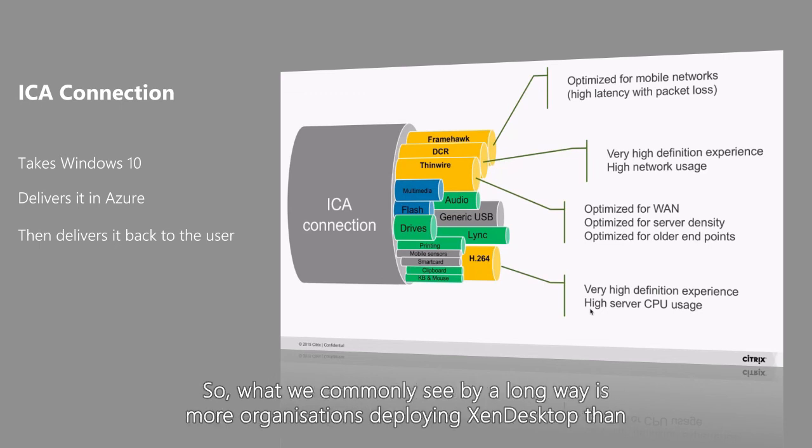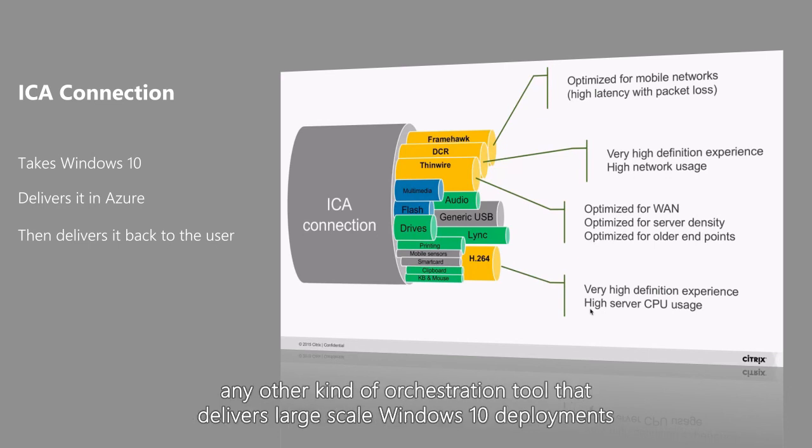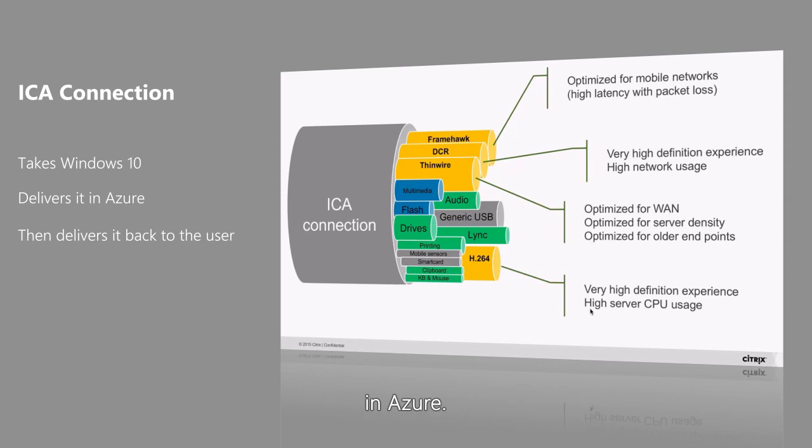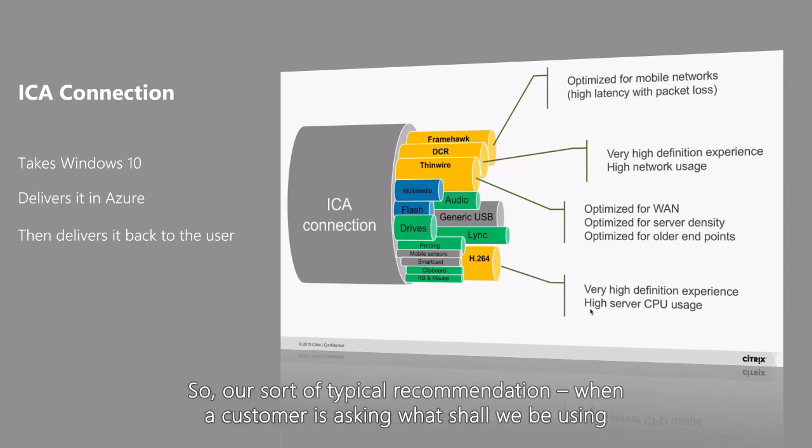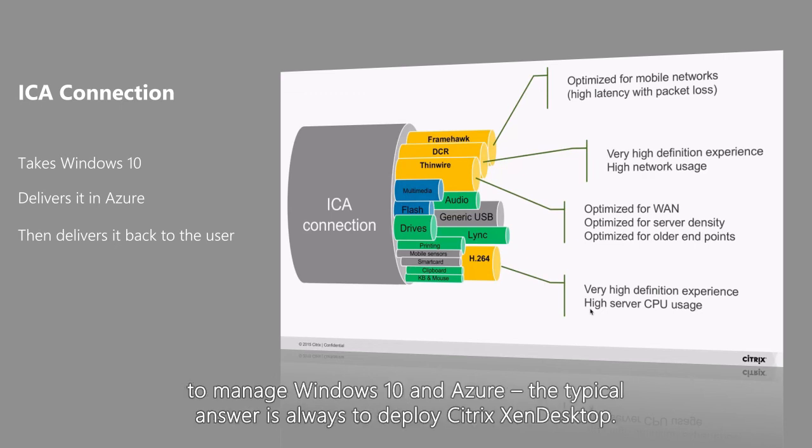So what we commonly see by a long way is more organizations deploying XenDesktop than any other kind of orchestration tool that delivers large-scale Windows 10 deployments in Azure. Our typical recommendation, when a customer is asking what should we be using to manage Windows 10 in Azure, is always to deploy Citrix XenDesktop.